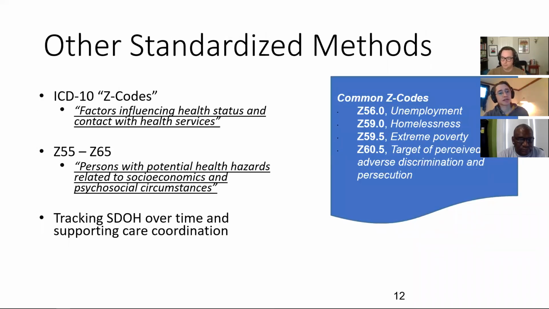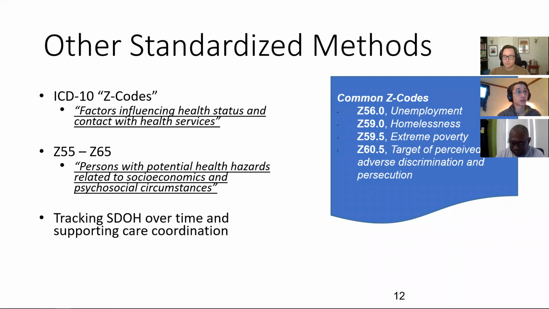So other standardized methods, taking a more formalized approach to screening for SDOH does not have to look like a long assessment. Some health centers have also found success in leveraging processes that already exist in their workflow or their services. Most relevantly, medical charts and diagnostic coding.